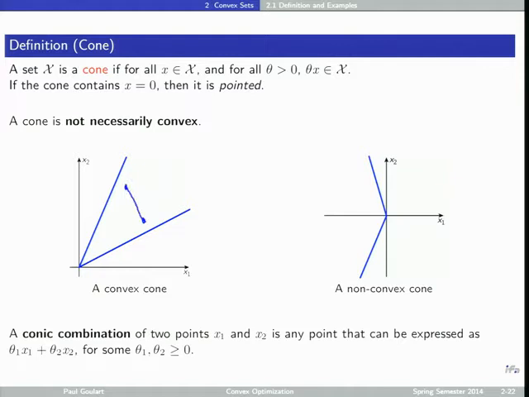But I could take the lower one and the upper one and multiply them both by some big number and get this point up here. So this would be a conic combination. One thing I should say, which is not written here, is that if I take all possible conic combinations of points in this set, then I get a convex set.